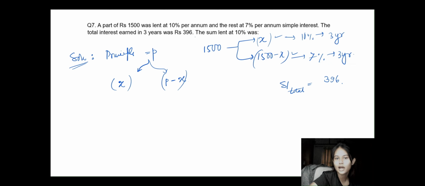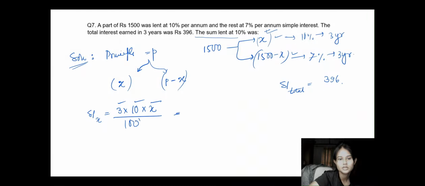Now they are asking sum lent at 10%, that is, they are asking what X is. Now can we get the individual SI? SI for part X is 3 into 10 into X, that is time, rate, principal by 100. So that is 3x by 10.